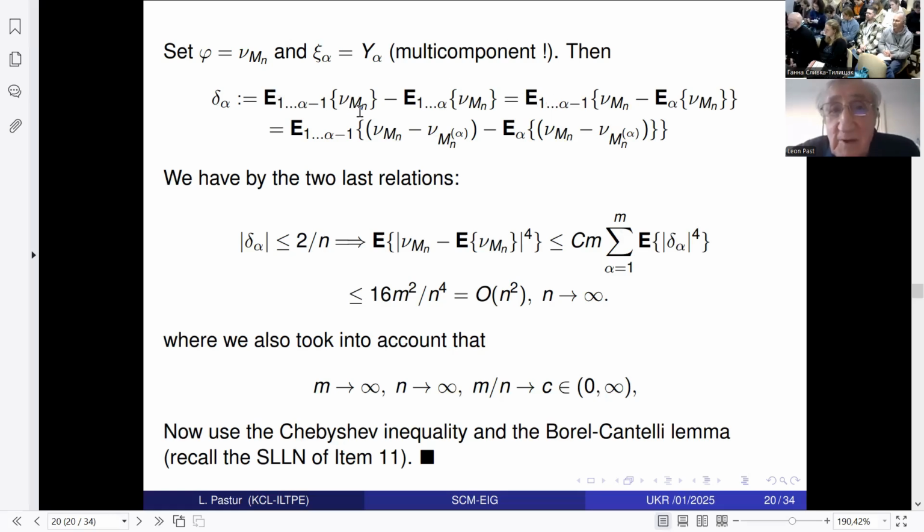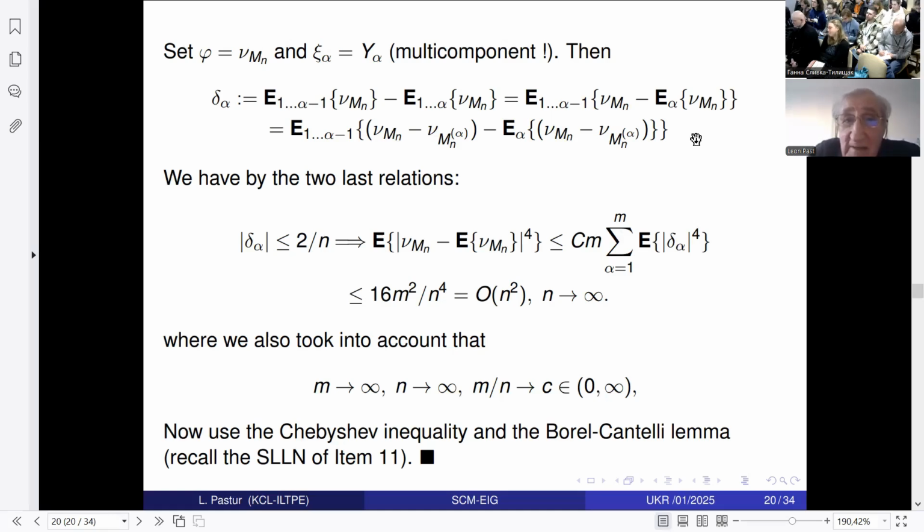Then here will be mu m itself, and the expectation with respect to alpha. Yes, and it is quite an important next step. I can now add and subtract mu m alpha. Here it is nothing, I can subtract anything. But why can I put this thing, adding and subtracting it, under the E alpha? Because by definition, M alpha doesn't depend on Y alpha.